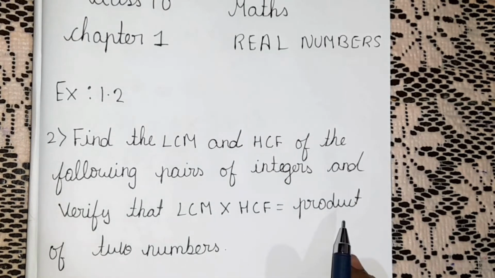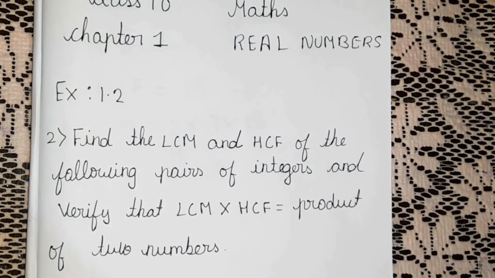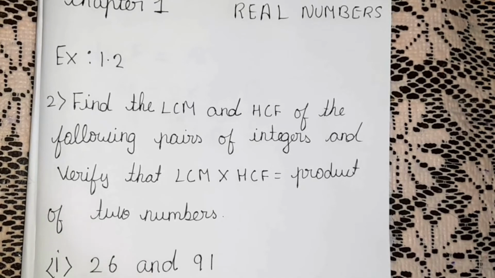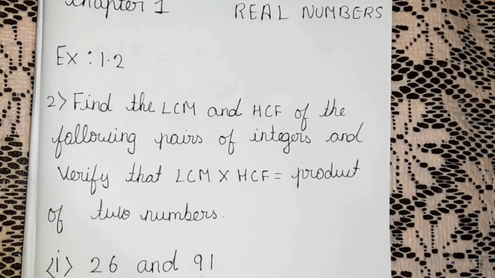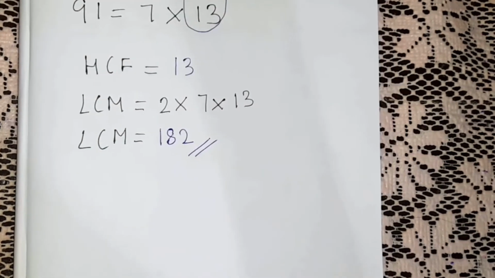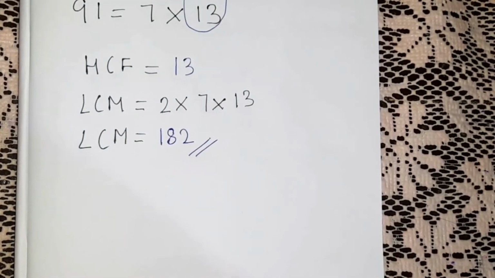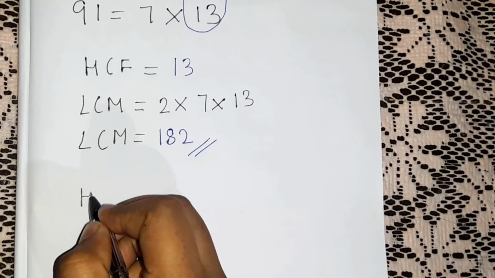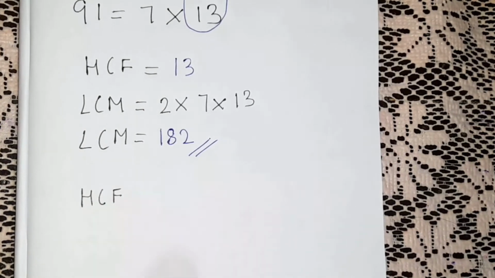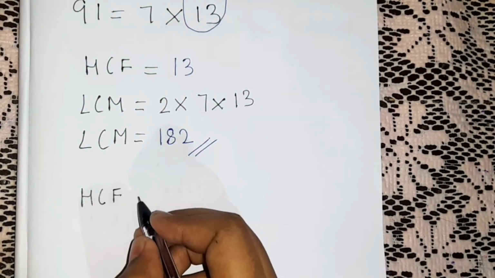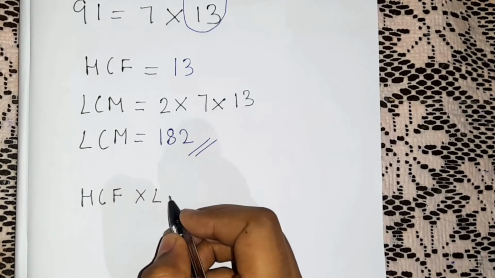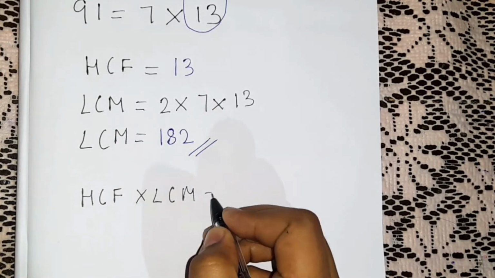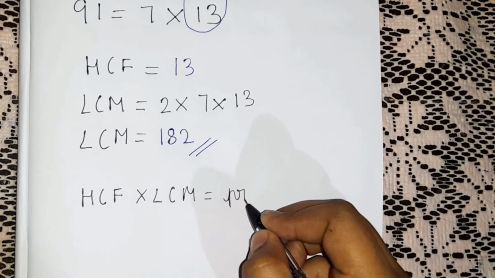But here, what is the product of two numbers? We are going to take 26 and 91 as the product of two numbers, which is in the question. I am taking those numbers, that is 26 and 91. Okay. So now what I am going to write is HCF into LCM, then product of two numbers.